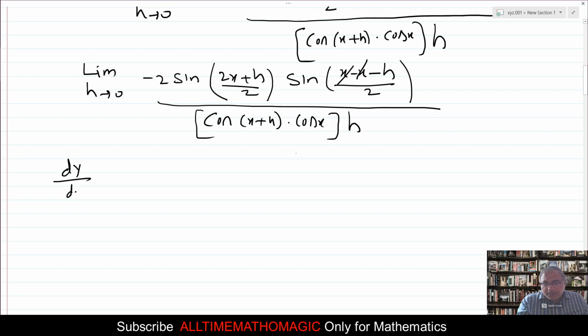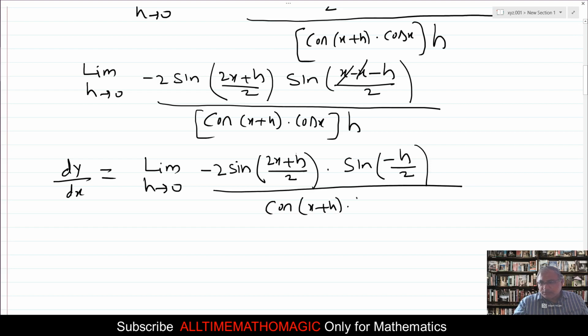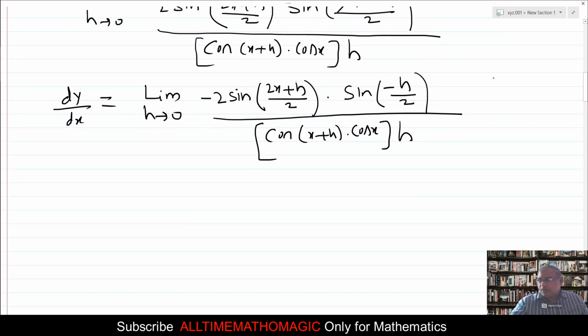Therefore, dy by dx equals limit h tending to 0 of minus 2 sin of (2x plus h) upon 2 sin of minus h upon 2, divided by cos of x plus h into cos x, and here is an h. Now sin of minus theta equals minus sin theta.